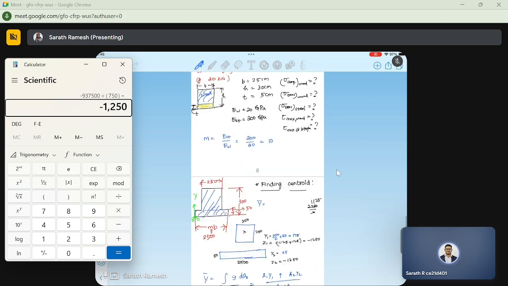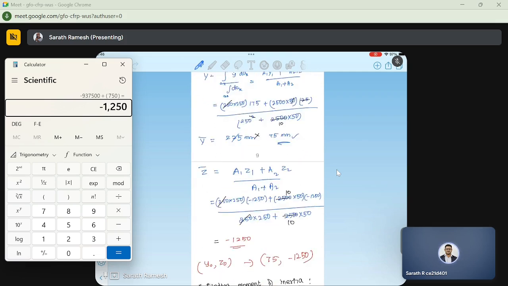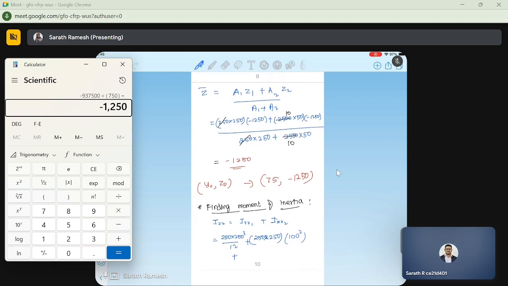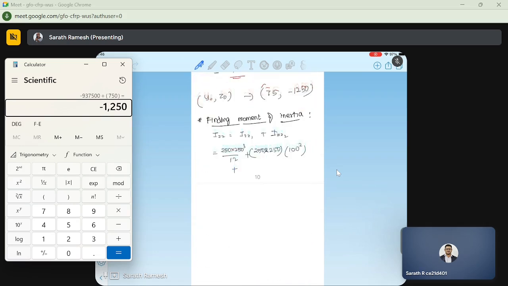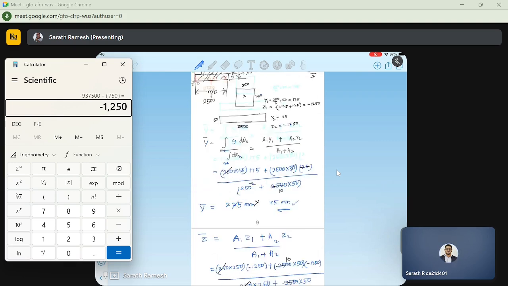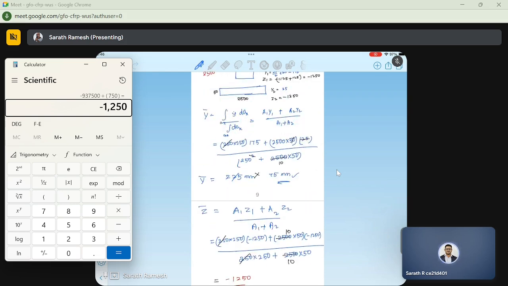The square of the distance between y1 minus y0. Y1 is 175 minus 75, which is 100, plus Izz2. Izz2 will be 2500 into 50 cube by 12 plus 2500 into 50 into the square of the distance between them.